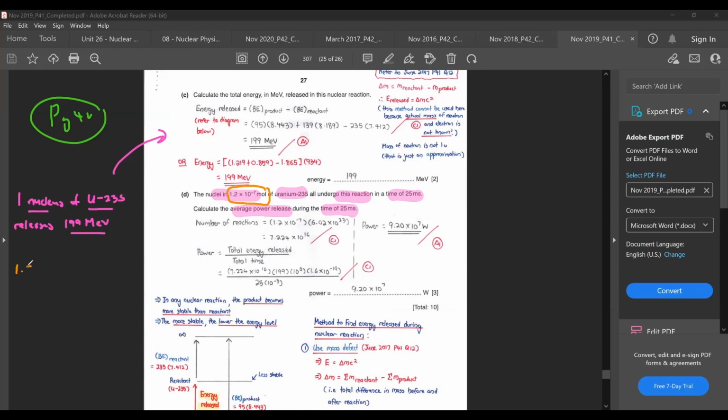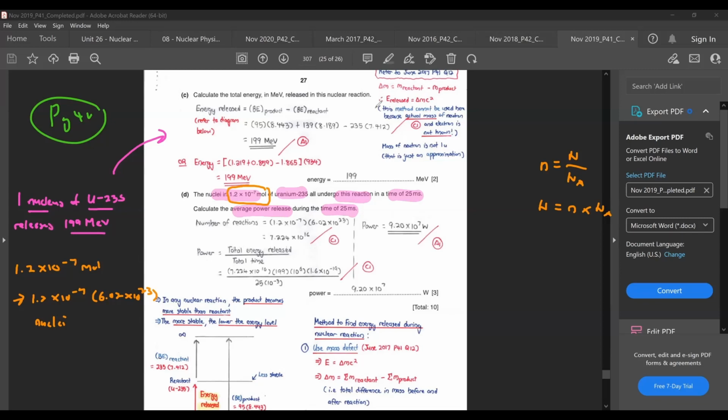So we would say that 1.2 times 10 power minus 7 moles has 1.2 times 10 power minus 7 times 6.02 times 10 power 23 nuclei. If you remember, number of moles is number of nuclei divided by your Avogadro constant. So number of nuclei is number of moles times Avogadro constant. That is what you are doing here.